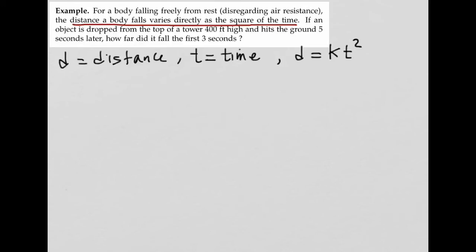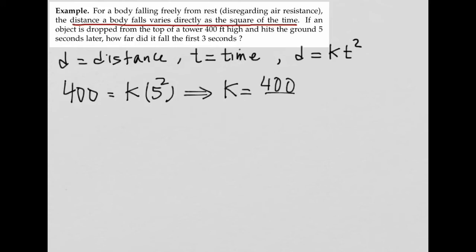So we write 400 equals k times 5 squared, which means that k is 400 divided by 5 squared, which is 25. This means that k is 16. Let's update our variation equation to d equals 16t squared.